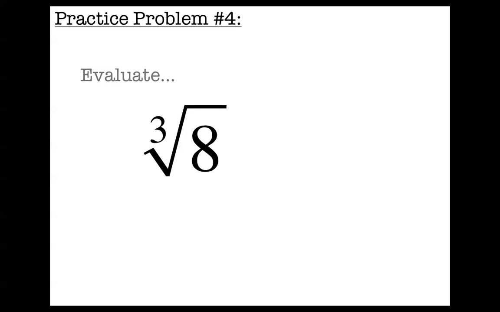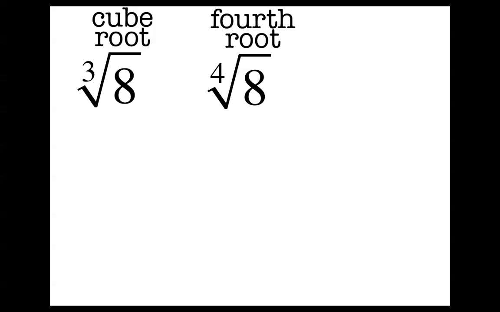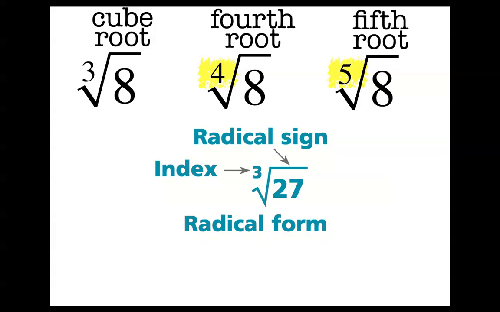And once you're done with that, we need to talk about something else. We just did the cube root of 8. Hopefully you got it right. We'll see tomorrow. But you can also do fourth roots, and you can also do fifth roots. Now, the number 8 doesn't really have a fourth root or a fifth root because nothing times itself times itself times itself makes 8. But it is possible to do any kind of a root.